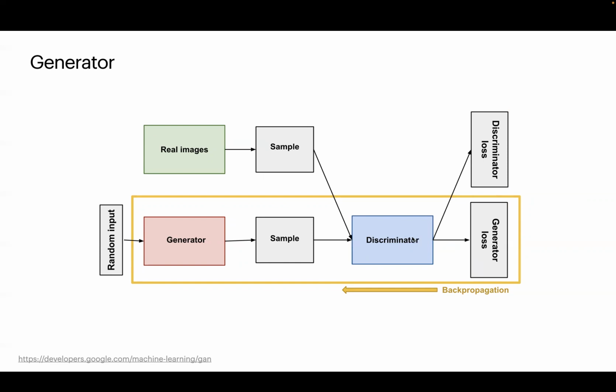So there are two stages, where the discriminator becomes better and the generator becomes better. After this process, both become much better at determining the fake and generating the fake.